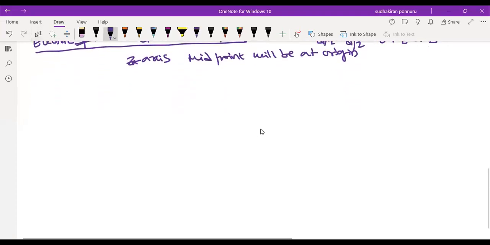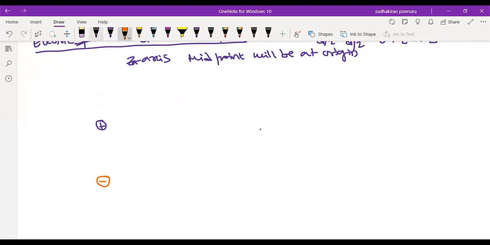So see here, I'm going to have two different colors for plus q and minus q. First I'm going to have a positive point charge and a negative point charge. So this is plus q and minus q.